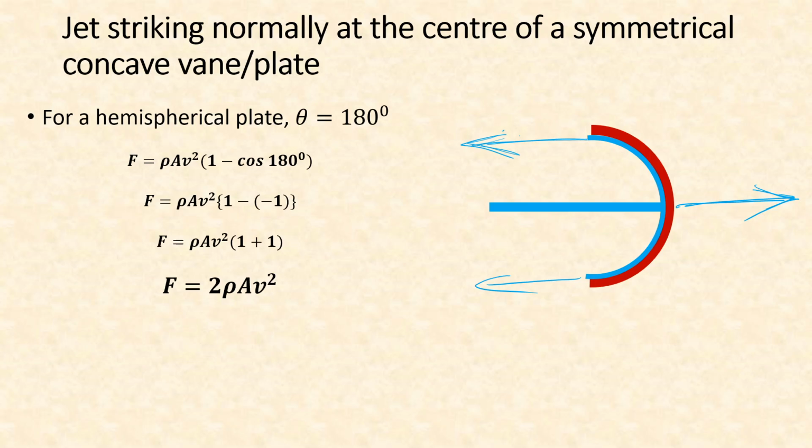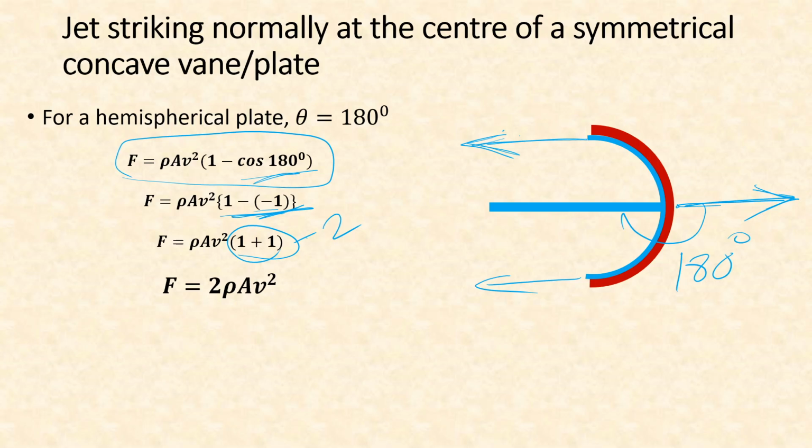That means our theta is going to be 180 degrees. Putting that value in the formula we derived in the previous slide, cos 180 degrees is minus 1, and so it becomes rho a v square, 1 minus minus 1, that's 2, and we get twice rho a v square as the force.